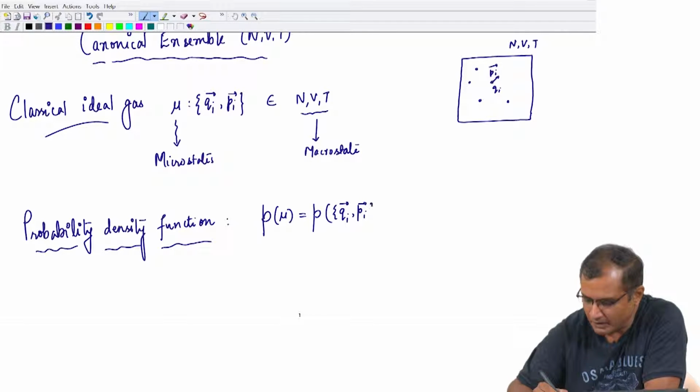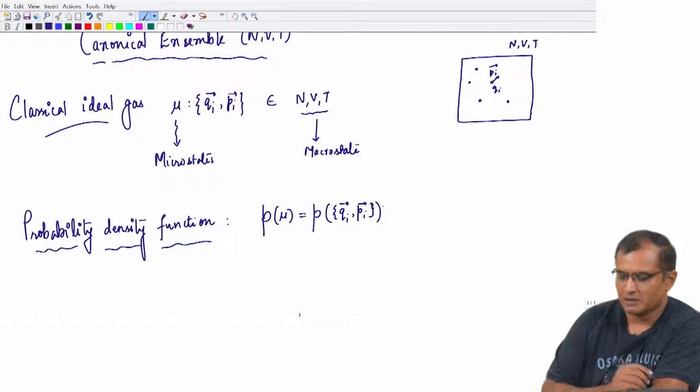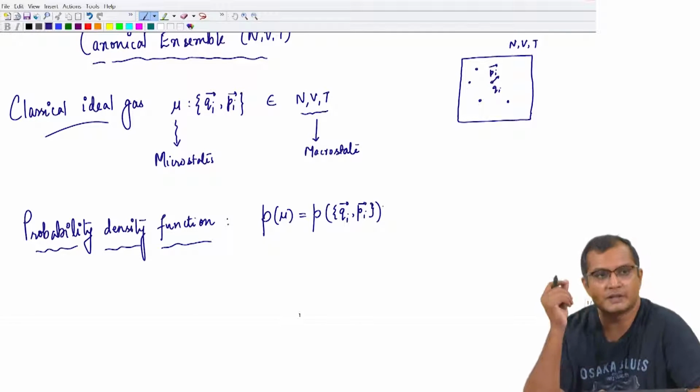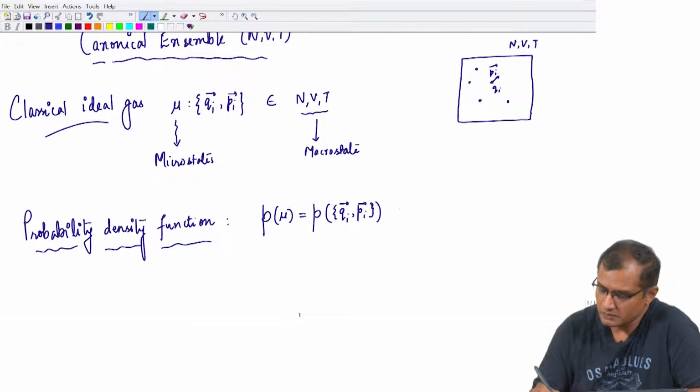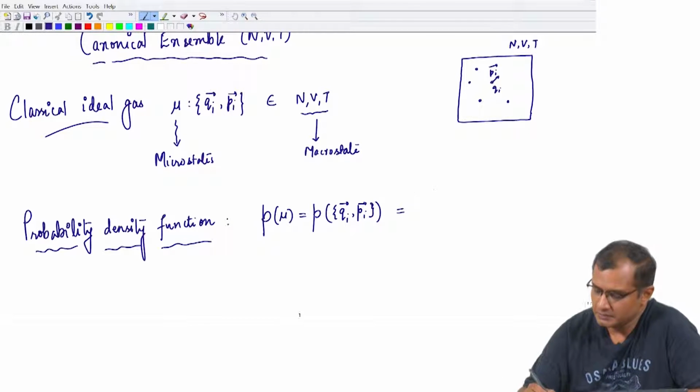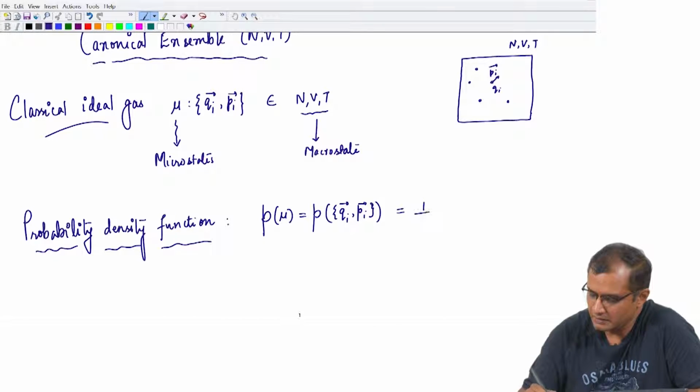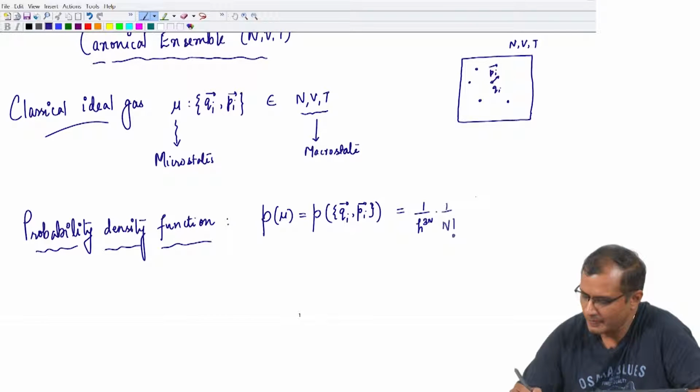So, this is one microstate, and I want to know its probability density. So, this would be 1 upon h to the power 3n into 1 upon n factorial e to the power minus beta times the Hamiltonian of the microstate over the canonical partition function.